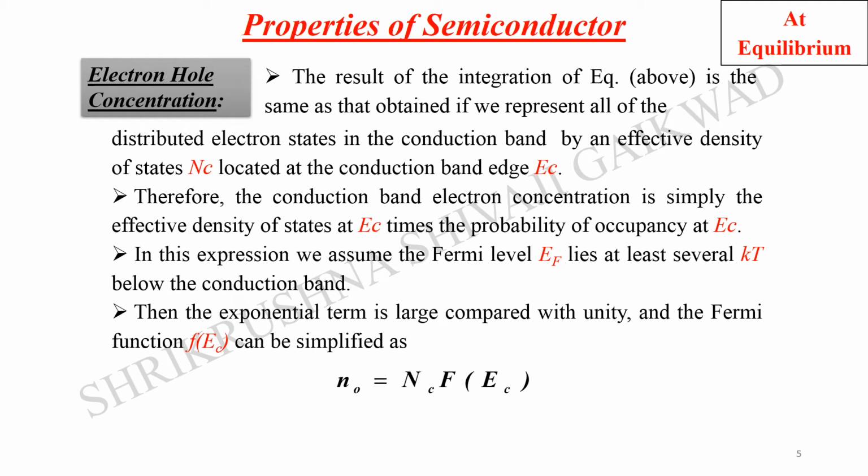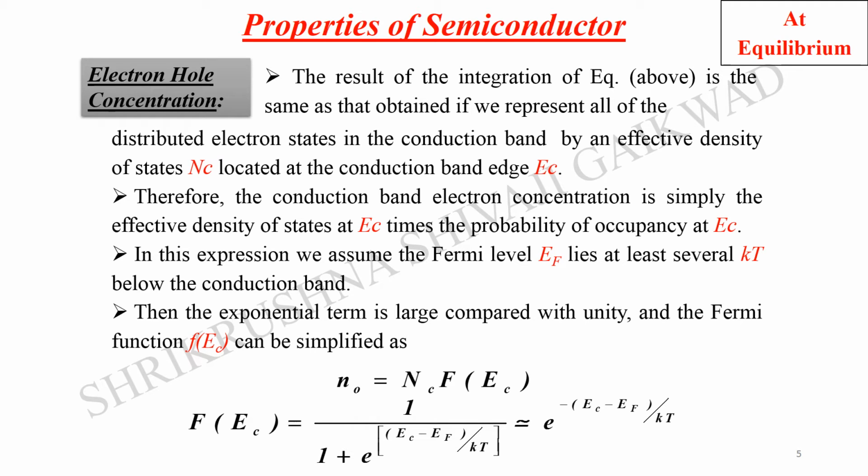Okay, n is equal to Nc times f of Ec. So the Fermi distribution function at E equal to Ec is 1 over 1 plus exponential of (Ec minus EF) by kT.